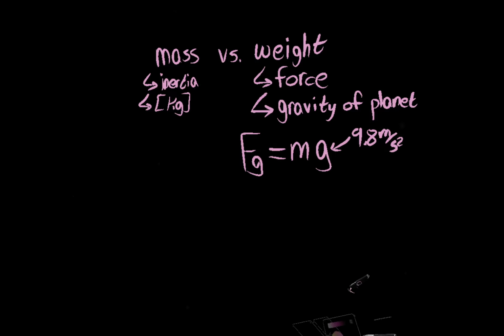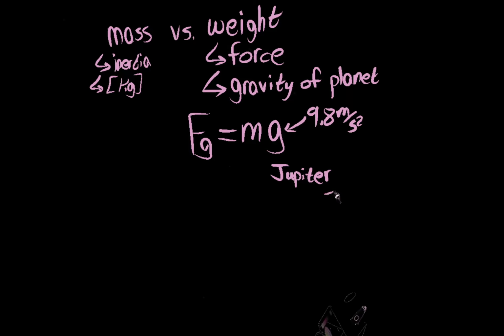Gravitational acceleration due to Jupiter happens to be, Jupiter is bigger than Earth, and it pulls you at a higher acceleration. Jupiter's g is 24.8 meters per second squared.